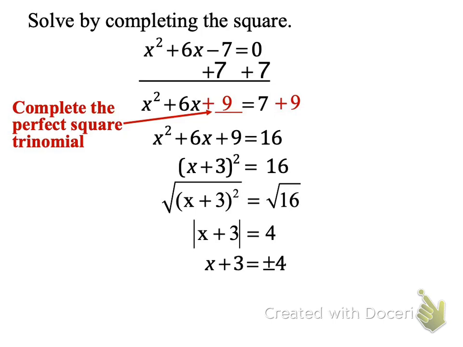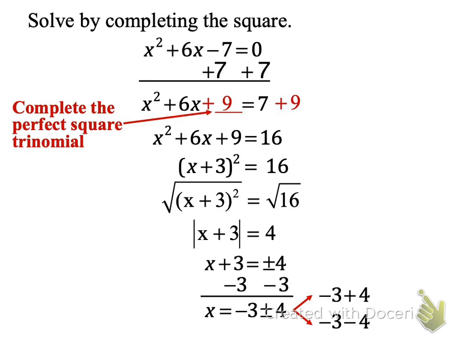What am I doing now? Subtracting 3. x equals negative 3 plus or minus 4. Negative 3 plus 4 and negative 3 minus 4. So that would be 1 or negative 7. 2 solutions.